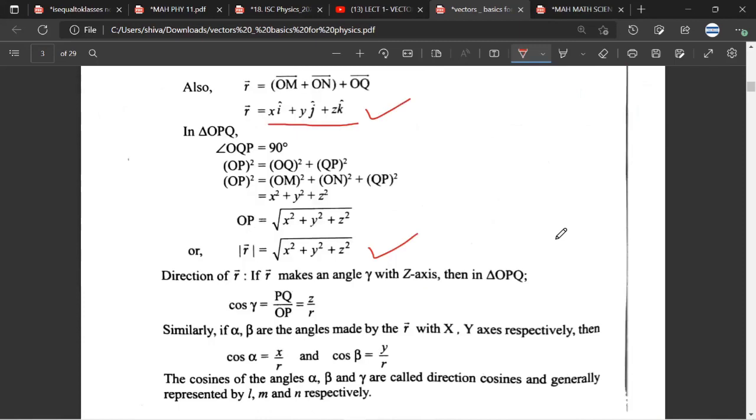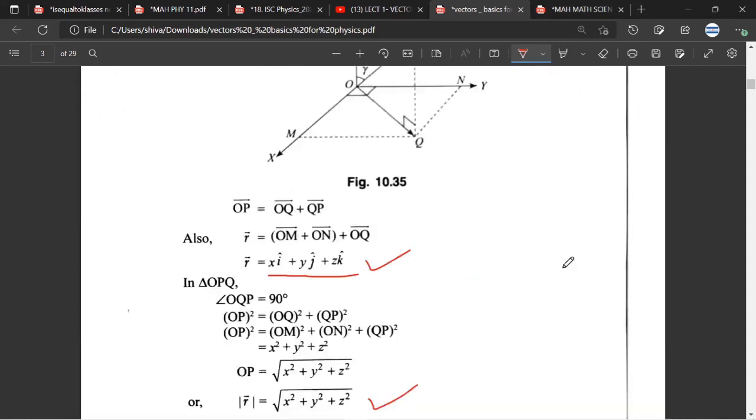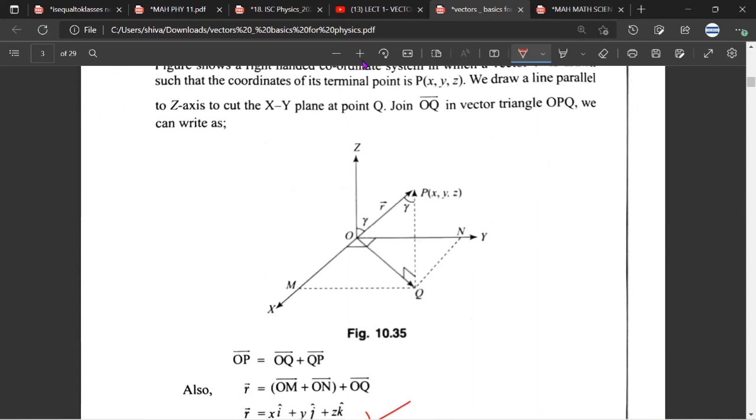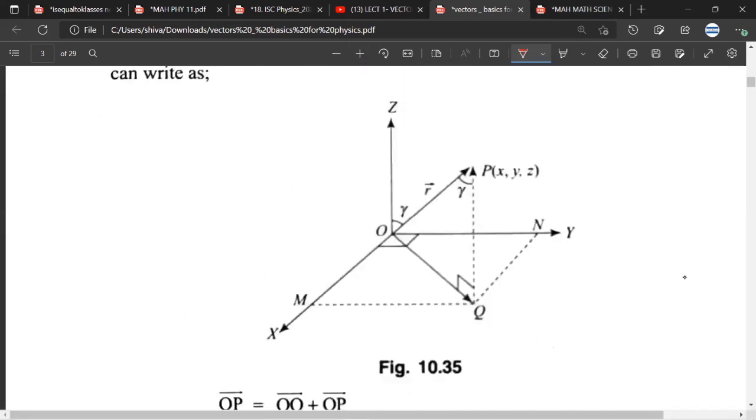Now, when we come into 3 dimensions, there is a little bit of understanding that we need to have: the angles alpha, beta, gamma are the angles that the diagonal, the rod that we have kept in the room, makes with the x, y, and z axis. Let us try to understand this on this figure. We have 3 angles: alpha, beta, gamma. Alpha is the angle this rod makes with the x-axis.